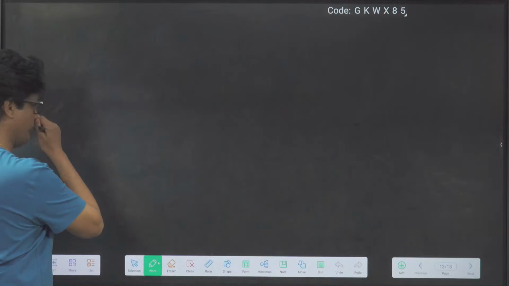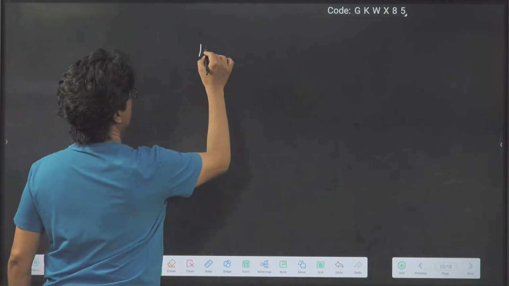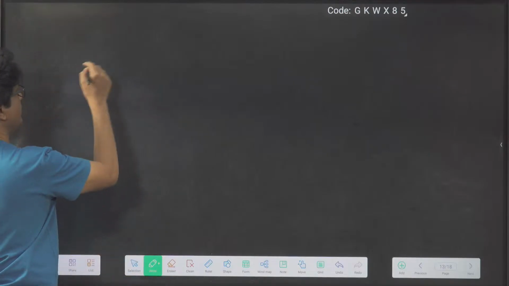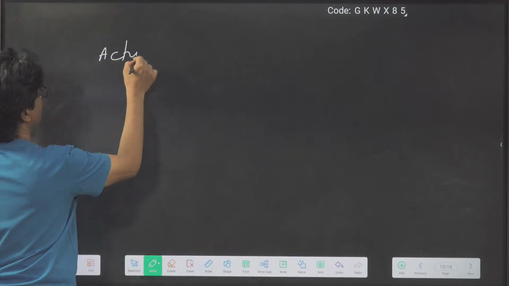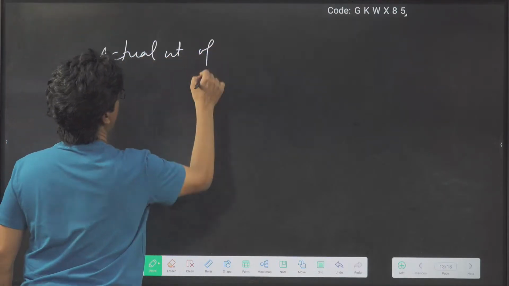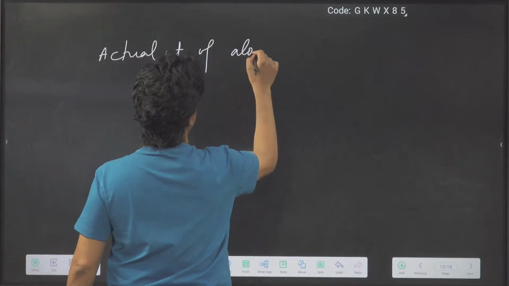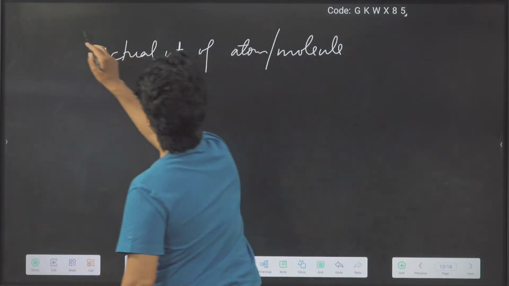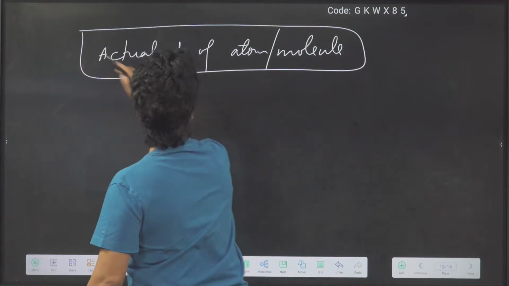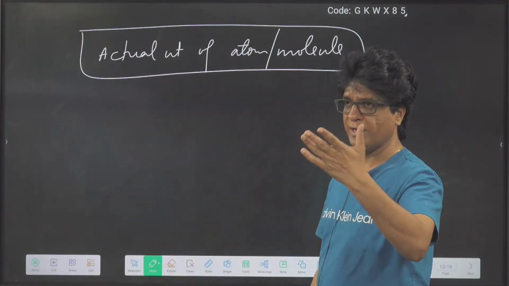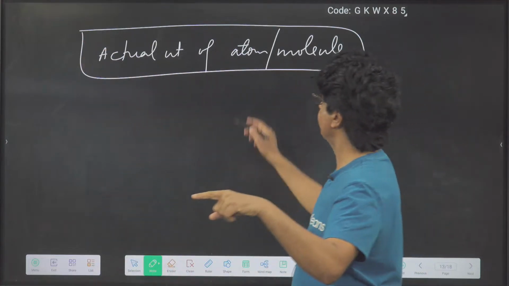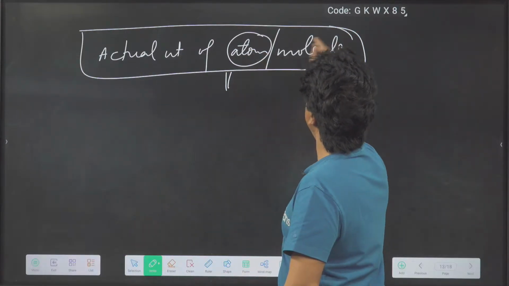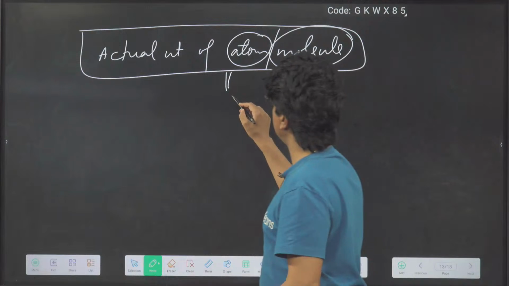Okay, there is one more thing. There is a terminology called actual weight of an atom or molecule. What is the actual weight of an atom or molecule? It's a terminology, and one should be very much aware of this. It means you have to express the weight of one atom or one molecule in terms of gram.